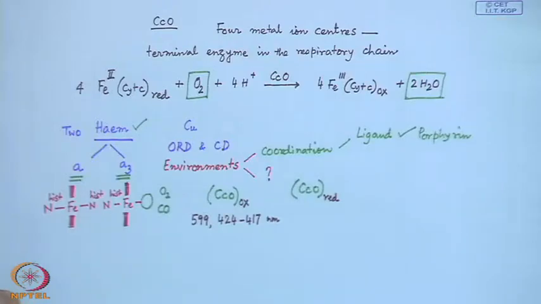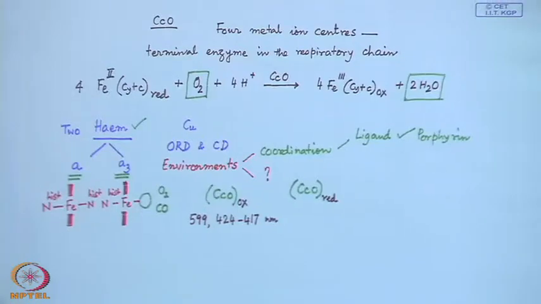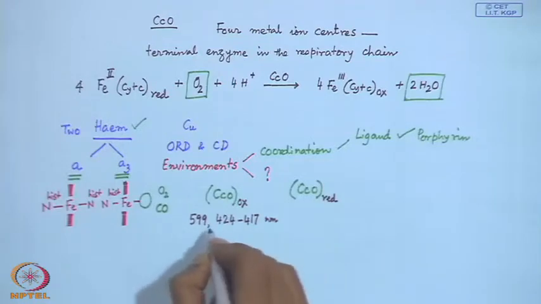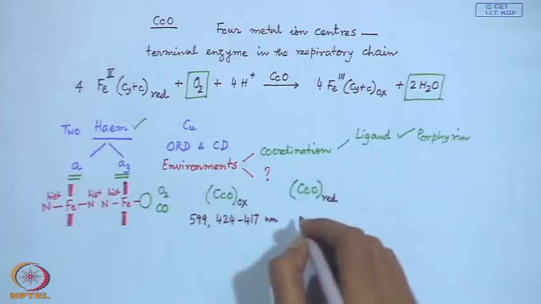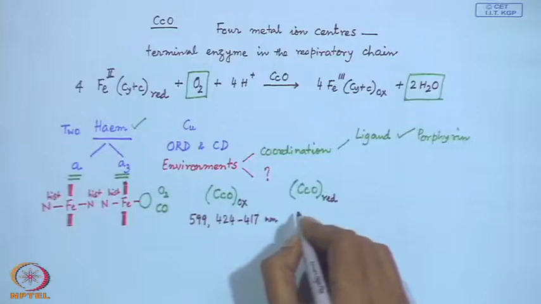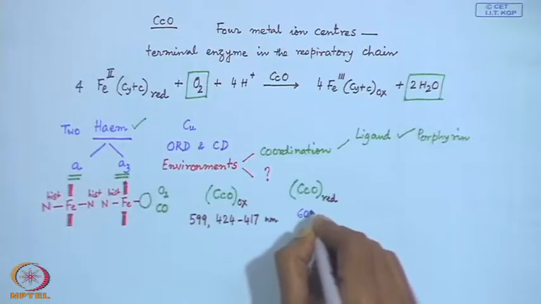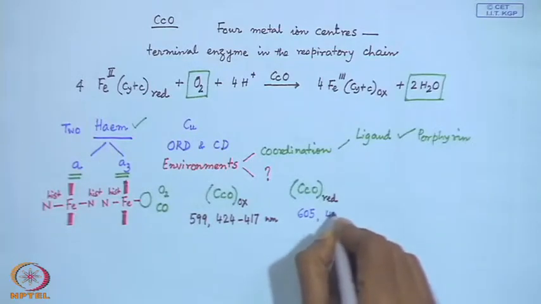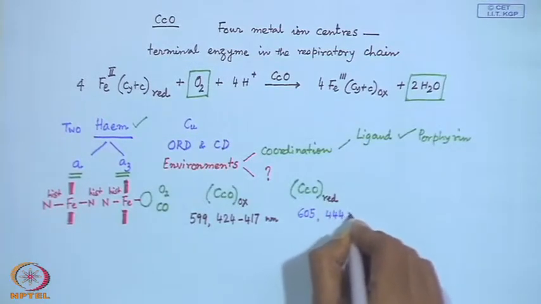So, these two are definitely like the porphyrin band, what we know as the Soret band, in some cases the 450 band for some of the cytochromes. So, these are high energy bands and one low energy band at 599 nanometer. In the reduced form we get some other bands, which are at 605 nanometer and 444 nanometer.